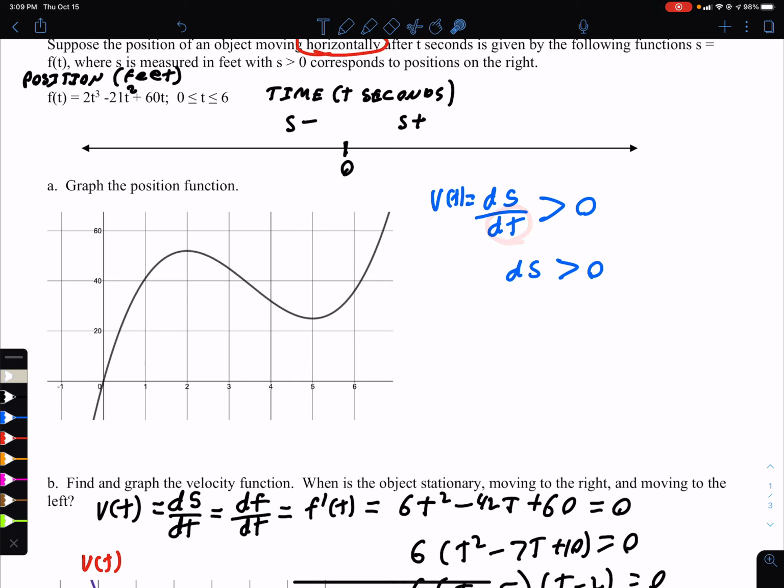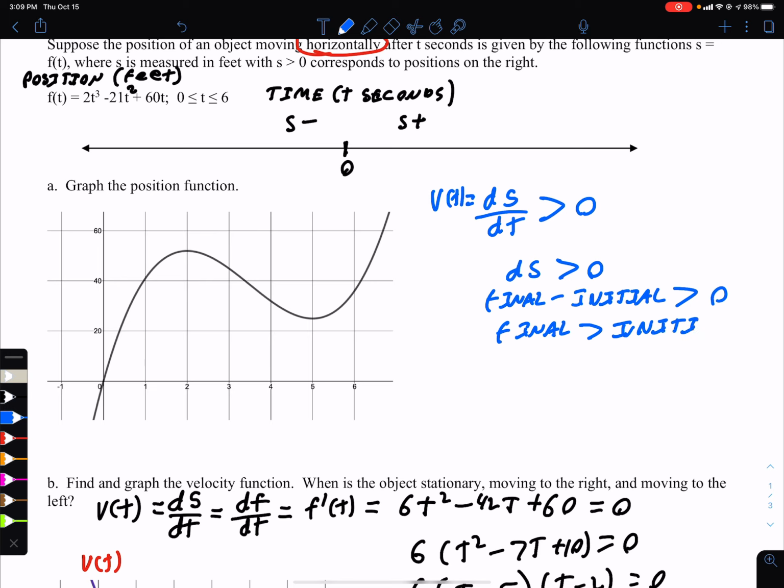So that's always going to be positive. Well, what's your change in s? That's your final position minus your initial position. So in order for that to be positive, that means your final position must be greater than your initial position, right? That's got to be bigger than that to come out positive.